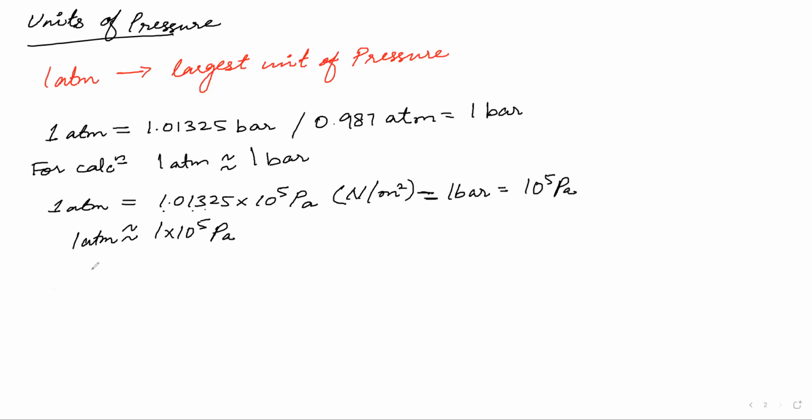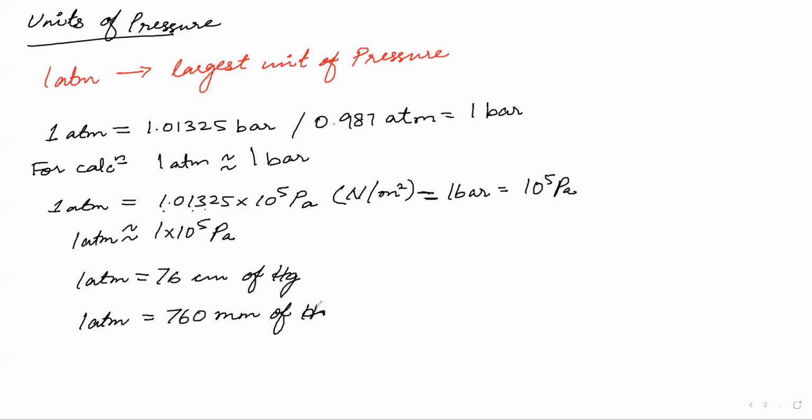Now the next unit is 1 atm is equal to 76 centimeter of Hg, and hence we can write 1 atm is equal to 760 millimeters of Hg.